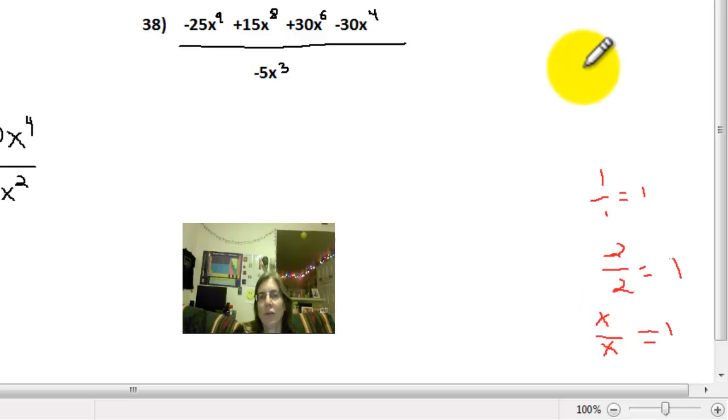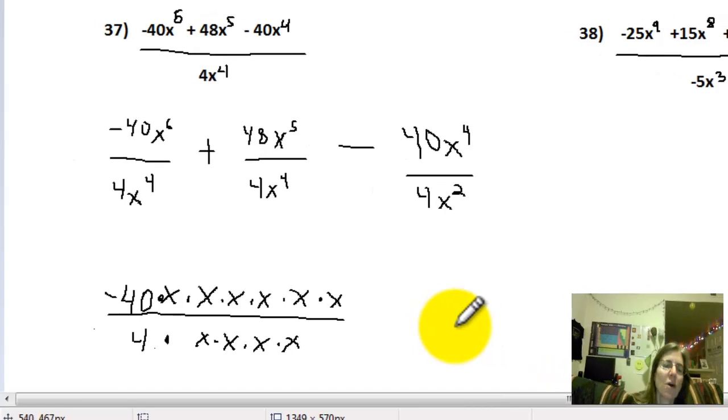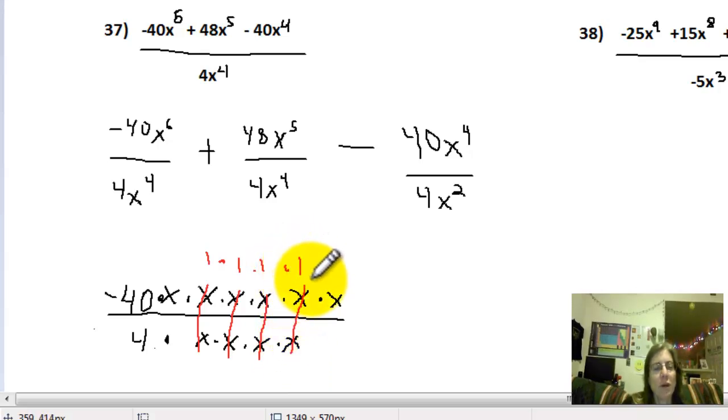It could be 1/2 over 1/2 and it'll still equal 1. So for all these x over x's, that's 1. We cancel them away because that's a 1, so it's times 1. This x over x times 1, x over x times 1. And what we're left with is an x and an x over here. We're left with an x squared.